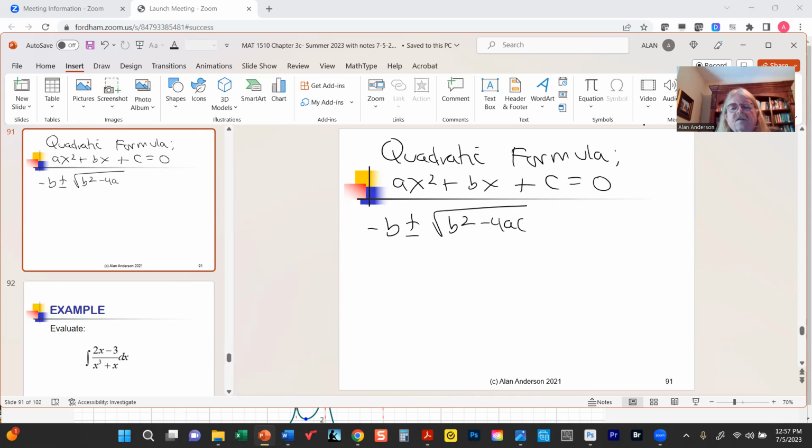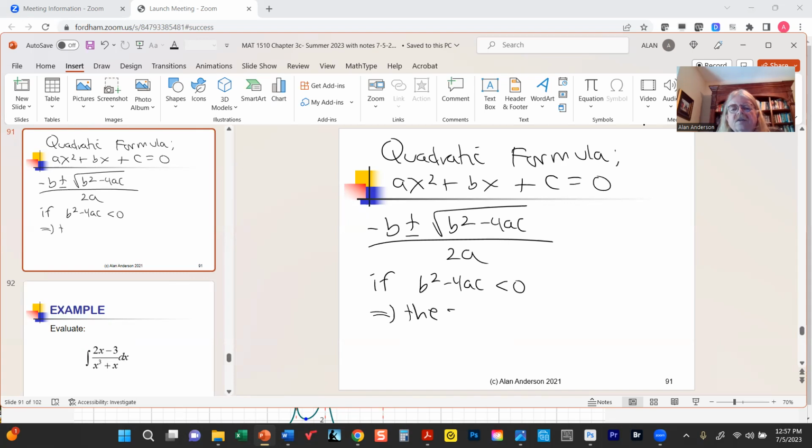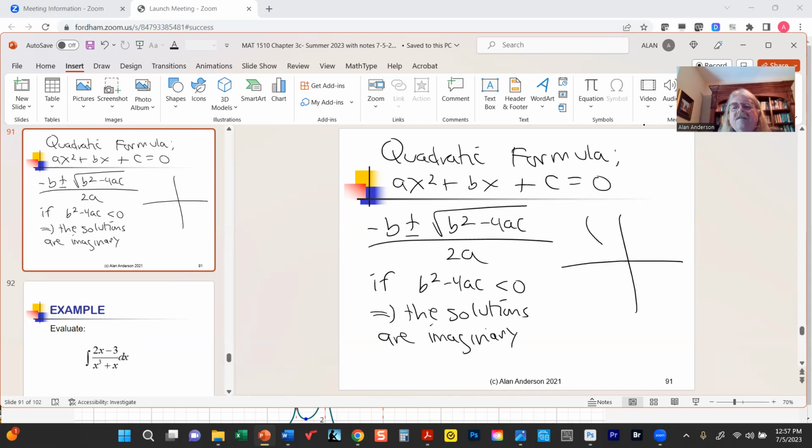I much prefer the quadratic formula, but here's the thing. If b squared minus 4ac is negative, then the solutions are imaginary. And that becomes irreducible. By the way, when do you have this? If you have a parabola that doesn't actually reach the horizontal axis, that means you have imaginary solutions. That's how you can tell, just by looking.